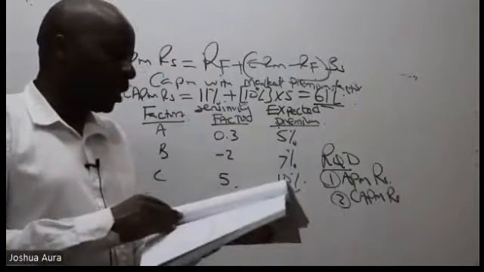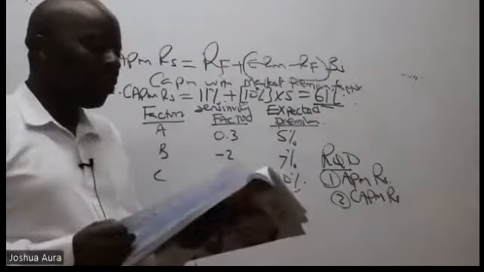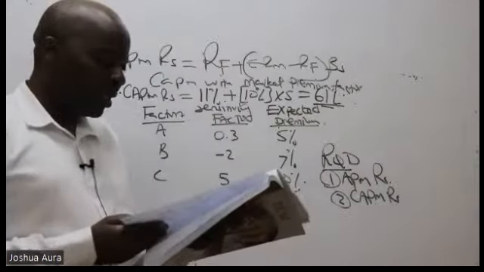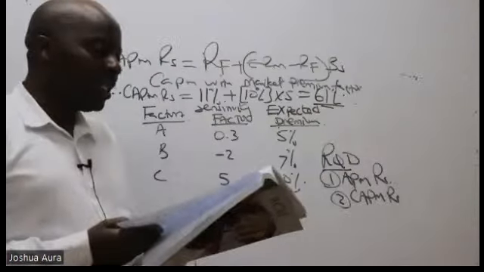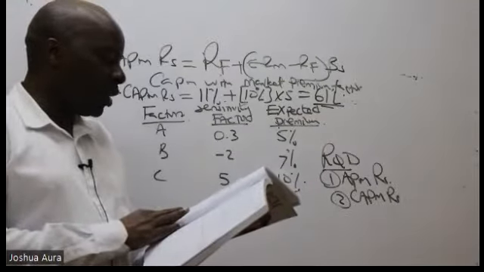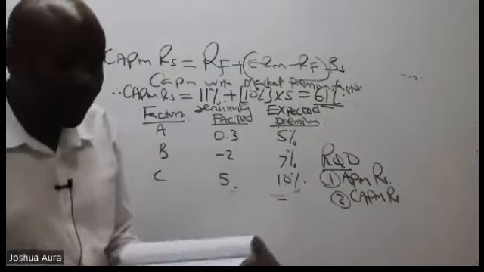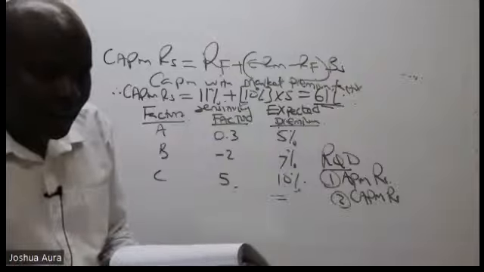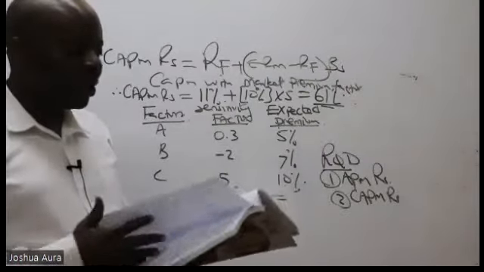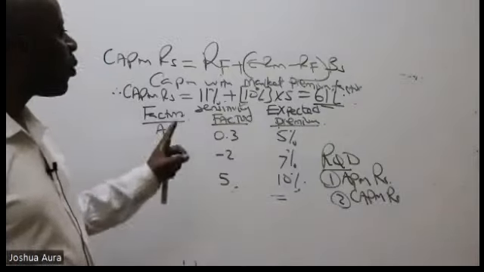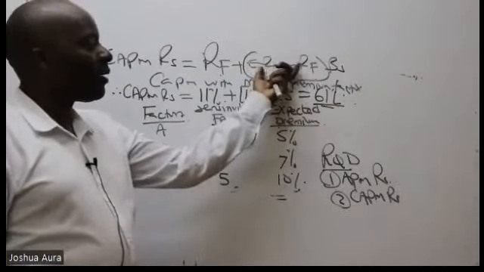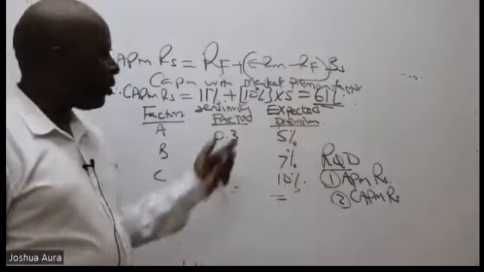Now, could we kindly look at, from our past papers, November 2019, question number 3. Remember CAPM from the definition. CAPM makes use of a market premium factor. And we have 3 factors.